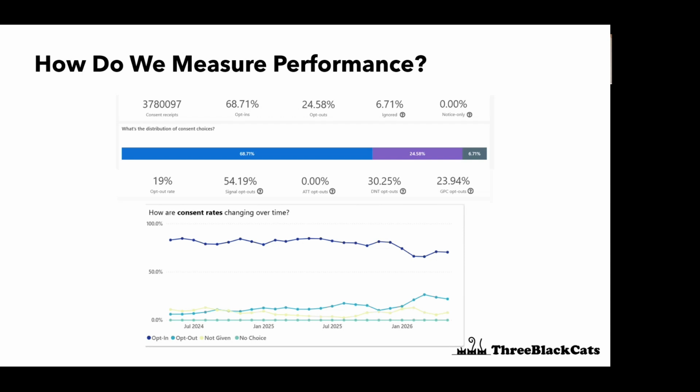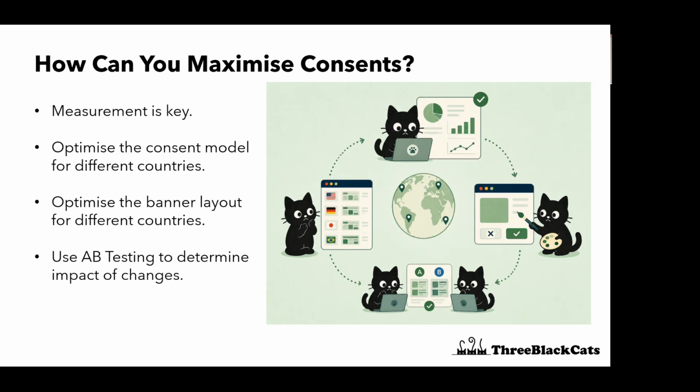So how do we get people to maximize these consents? As I said first, measurement is key. We can't maximize our consents on our banners unless we actually know what percentages we're dealing with and what countries, etc. Now, first and foremost, the best way of maximizing our consents is to optimize our consent model.